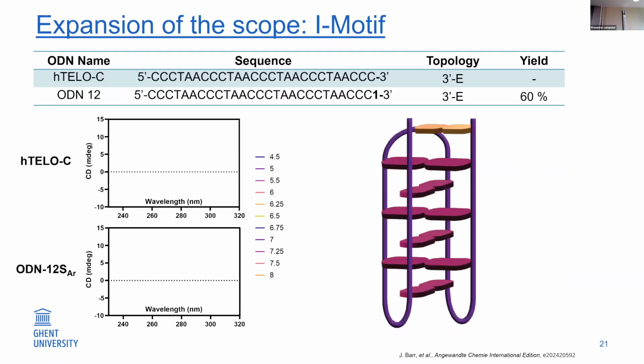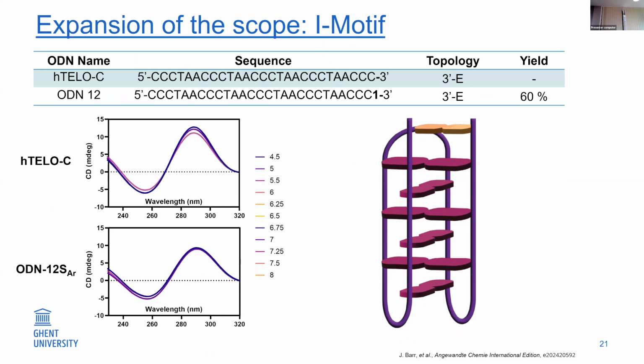Finally, we decided to expand the methodology also towards i-motif structures. The thing with i-motifs is that they are stable in acidic conditions, but if we increase the pH, they tend to not be folded anymore because of the lack of the cytosine-based pairing.